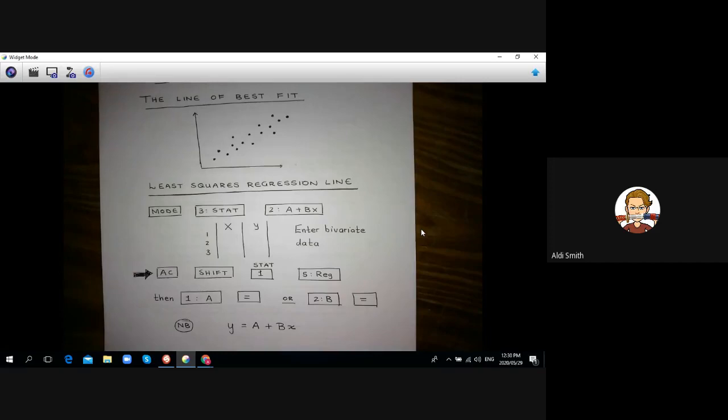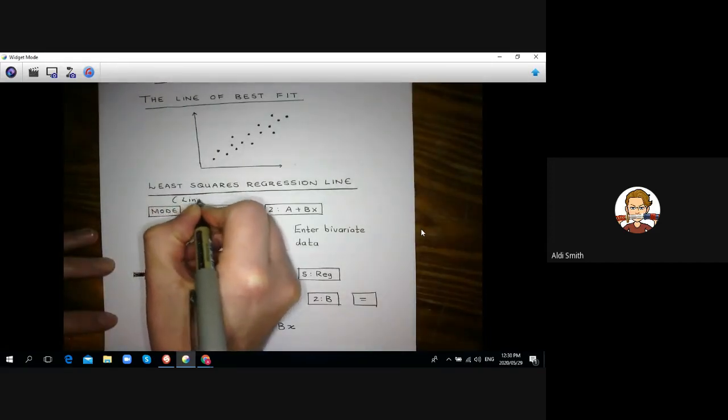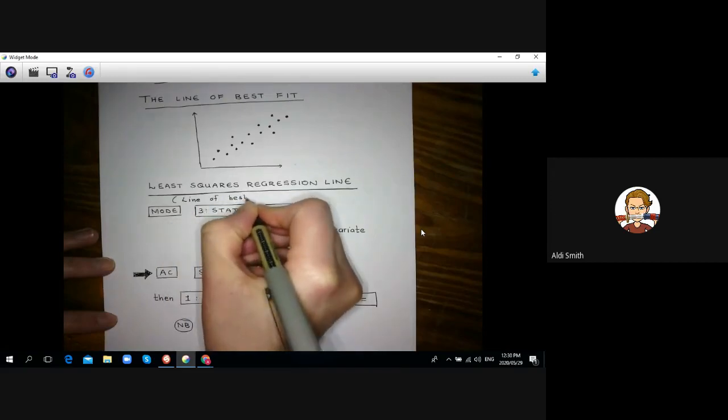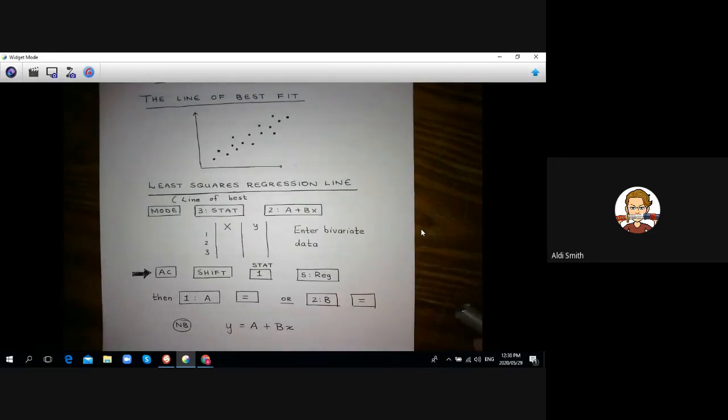So let me just put it here and explain to you that it's not actually the same thing. A line of best fit and a least squares regression line is not the same thing, but some of the maths teachers who wrote books, they're not very good at stats. So they use these 2 terms interchangeably, as though it's the same thing. But I'll explain to you just now, there is a difference between the 2.